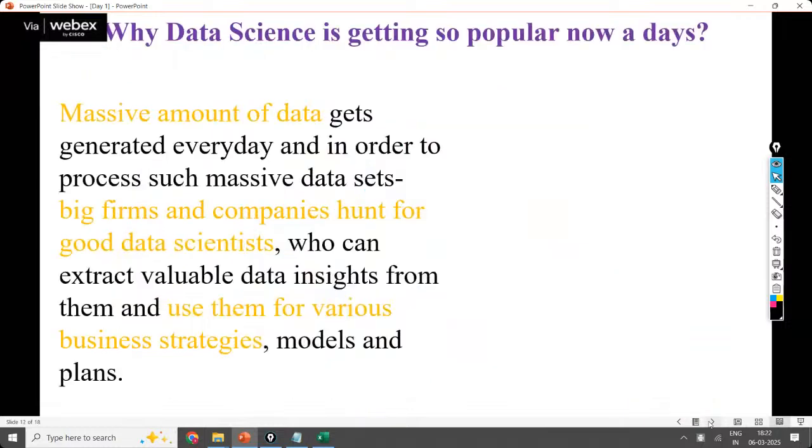Right. Now, why is data science getting so popular nowadays? Why are data science, artificial intelligence and all this trending in the market? There is only one reason: the huge amount of data. Day by day, the data is increasing. As data increases, the data-related jobs will also increase. The day the data stops increasing, data science jobs will also end.